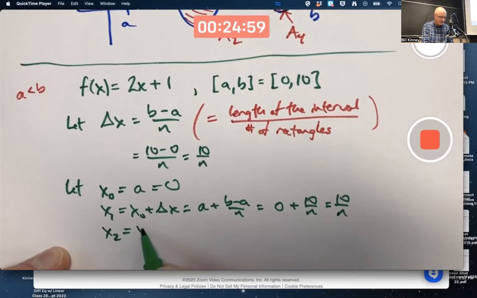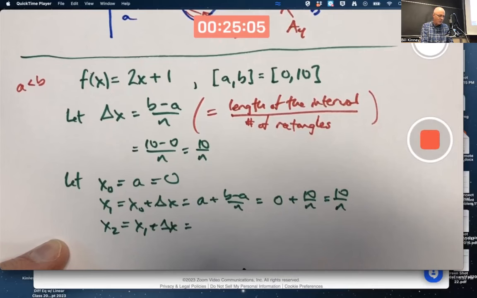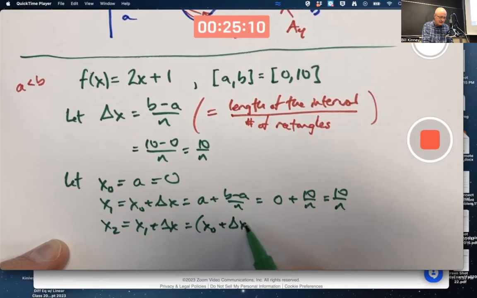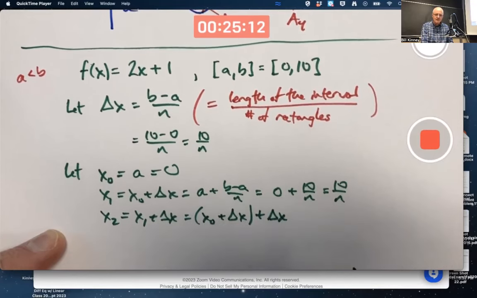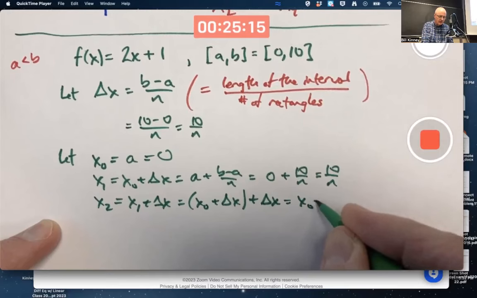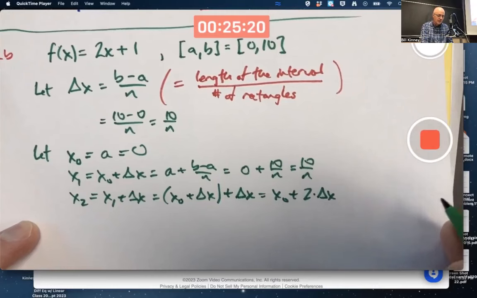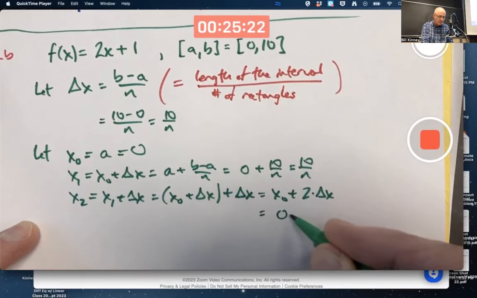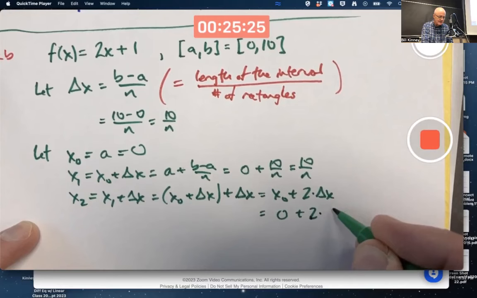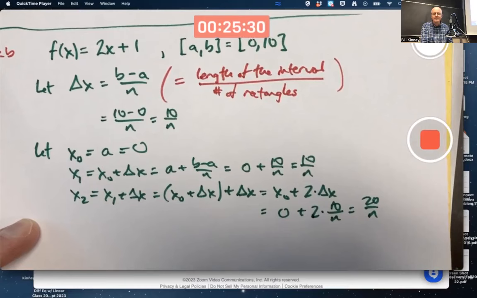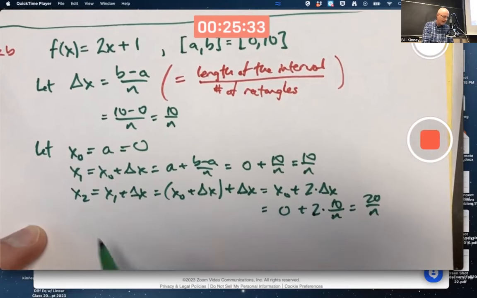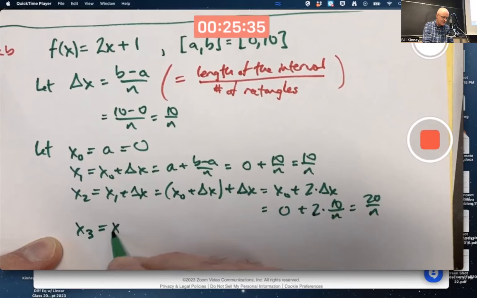x2 is going to be x1 plus delta x. But x1 is x0 plus delta x. So that's really x0 plus 2 times delta x in general. For our example, that's 0 plus 2 times 10 over n, 20 over n if you like. x3 is going to be x2 plus delta x.